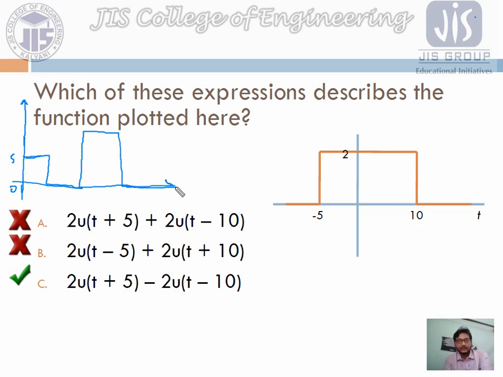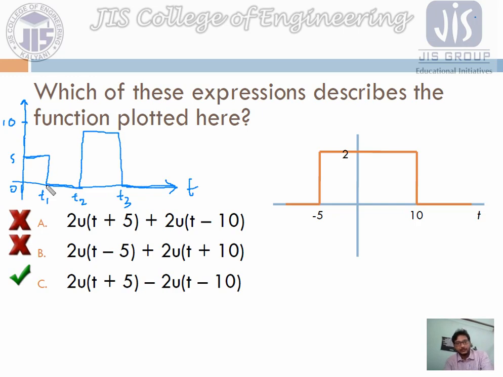So this is our time axis. At time t equals 0, this is our t1, this is our t2, this is our t3. So what is the equation for this function? Here it's 5, and here it's 10, amplitude 10 units is given.